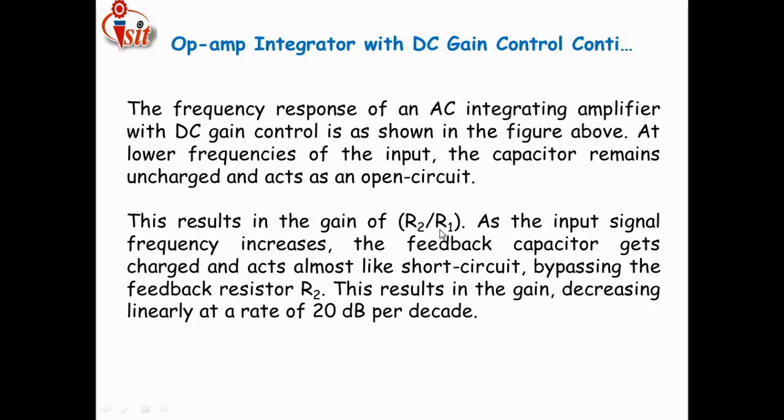This results in a gain of R2 divided by R1, that is RF divided by R1. Instead of RF, we connected R2 as the feedback resistance. As the input signal frequency increases, the feedback capacitor gets charged and acts almost like a short circuit, bypassing the feedback resistor R2. This results in the gain decreasing linearly at the rate of 20 dB per decade.